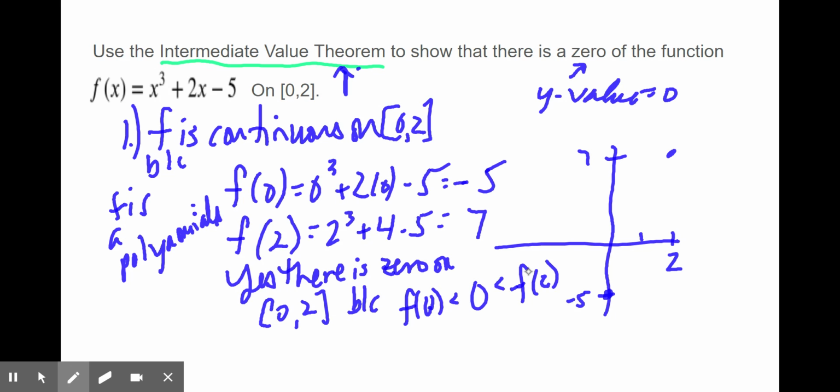We have this inequality here, right? 0 is between f of 0 and f of 2, and you showed me it was continuous. So then there must be a zero by the intermediate value theorem. Okay, by the intermediate value theorem. All right, that's how it works.